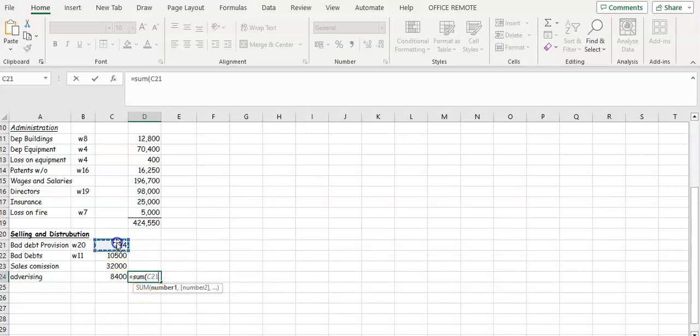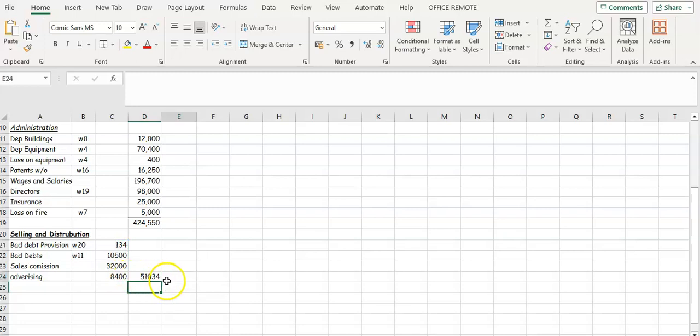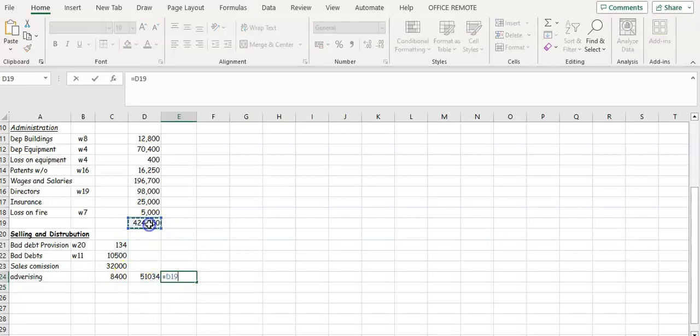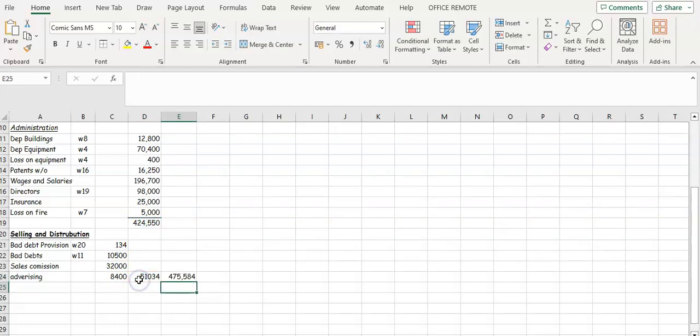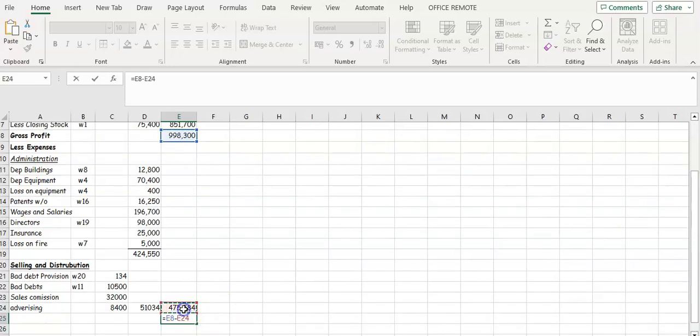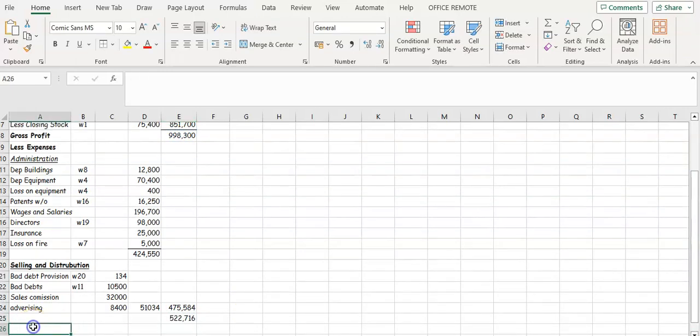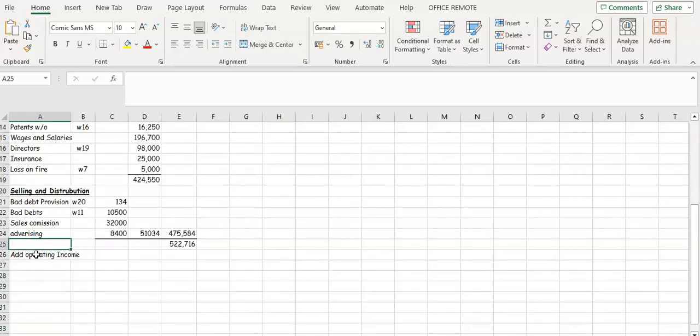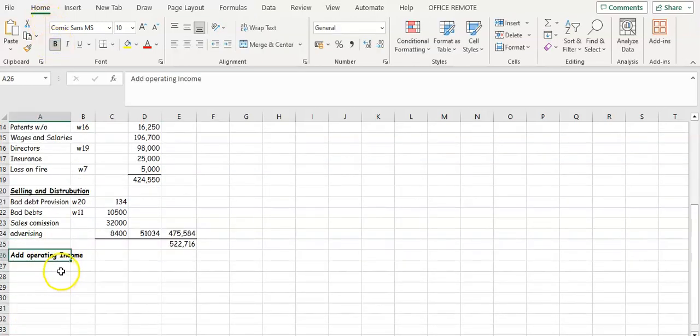Then I'm going to add these up. I'm going to add them to our administration. And we're going to take that figure then away from our sales or gross profit, because that's our total expenses. And then we're going to add on any operating income to that section itself. So the operating income we have, just like you mentioned there in the previous one, we got bad debt recovered.